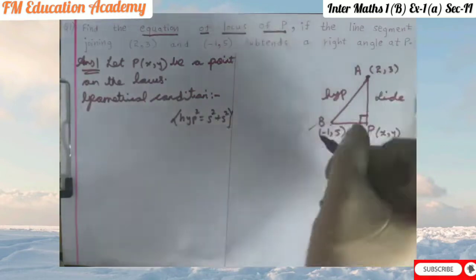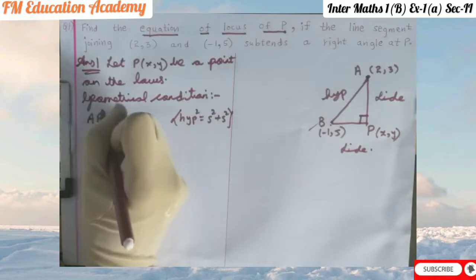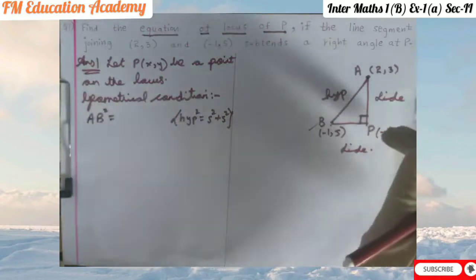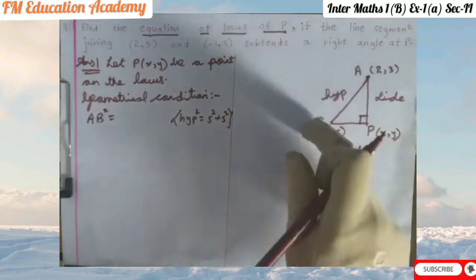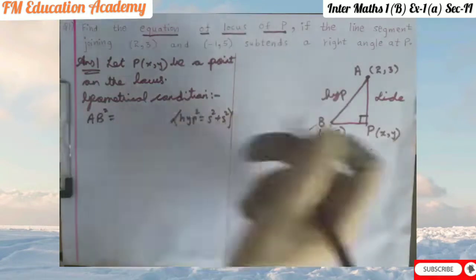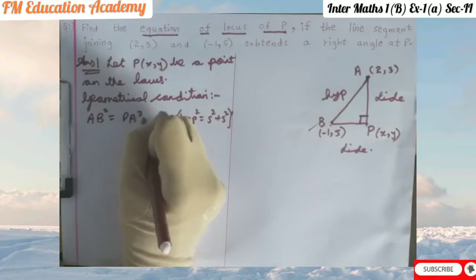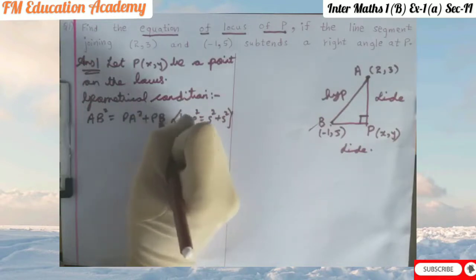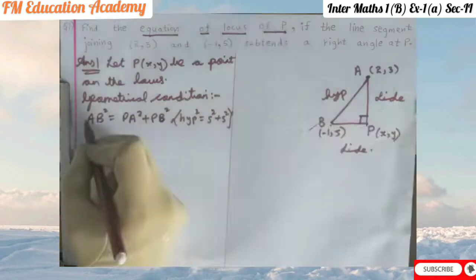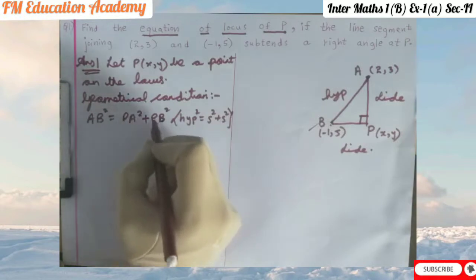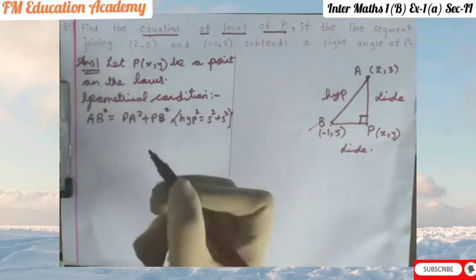So what is the hypotenuse here? AB square. And what are the two sides? AP square and BP square, or we can say PA square and PB square. So we know here AB is a distance, PA is a distance, PB is a distance. So again, which formula to use?